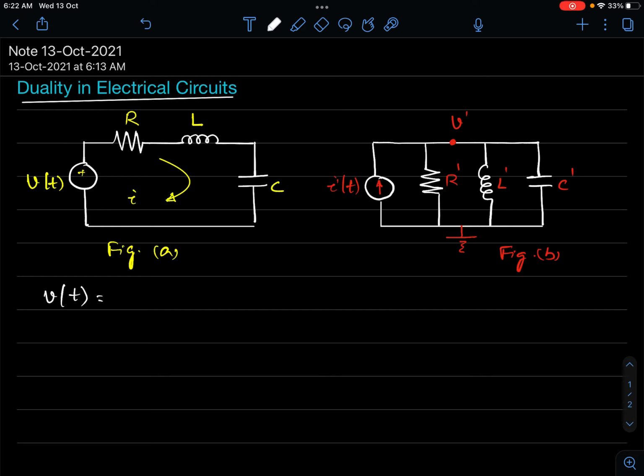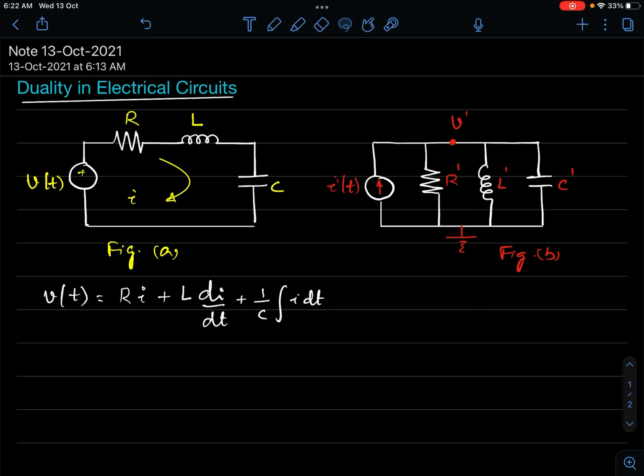So V of t, the applied voltage, is equal to R into I, the potential difference across the resistor. Across the inductor, I write the instantaneous voltage as L di by dt. And across the capacitor, the potential difference is 1 by C integral I dt. This is the equation I get for figure A.